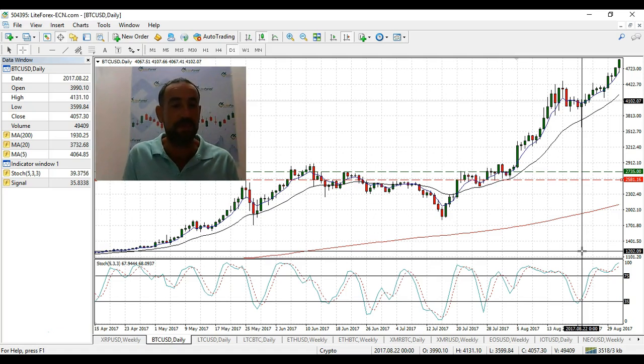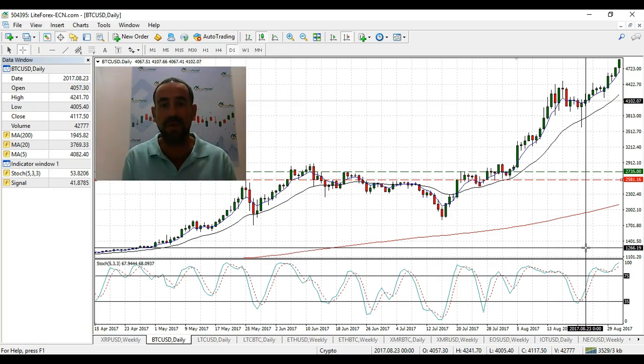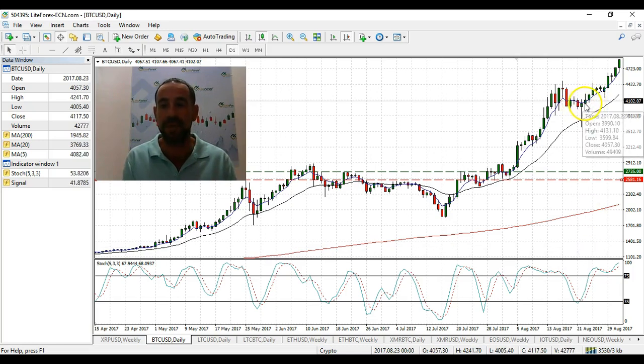And what about the moving averages? The 5 is at 4,000, the 20 at 3,700, and the 200 is at 1930. So all the conditions are pretty much in line. We got the green light here, and I entered a bullish trade right at the beginning of the next bar.